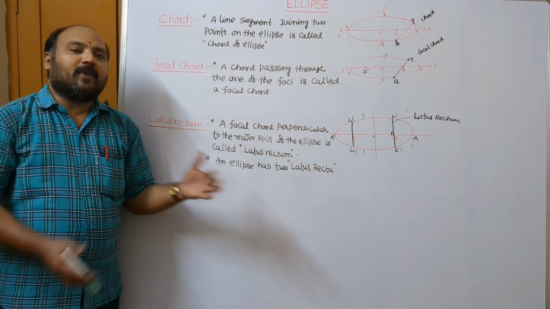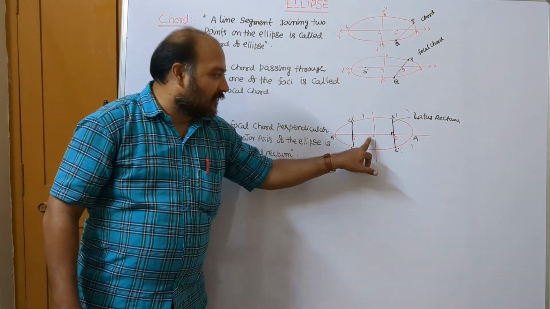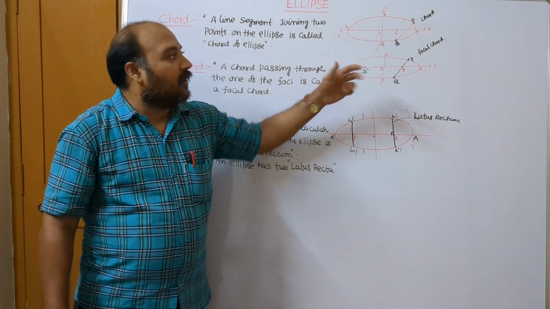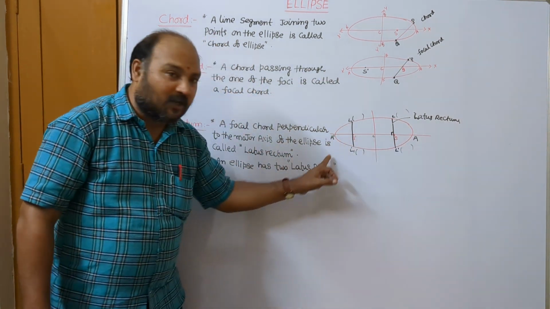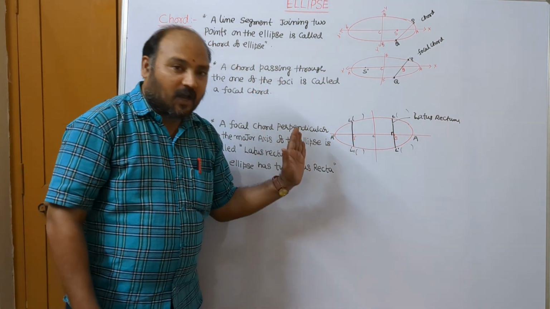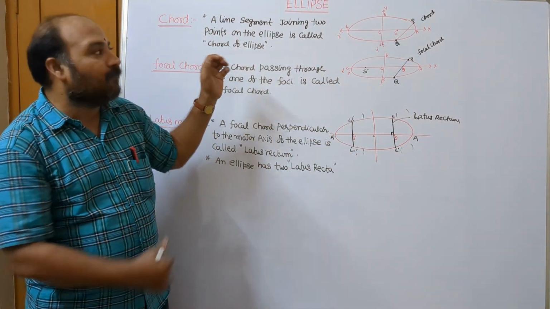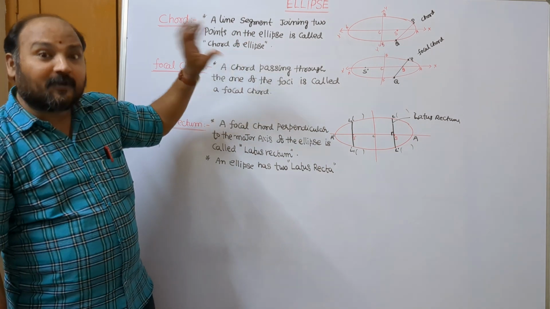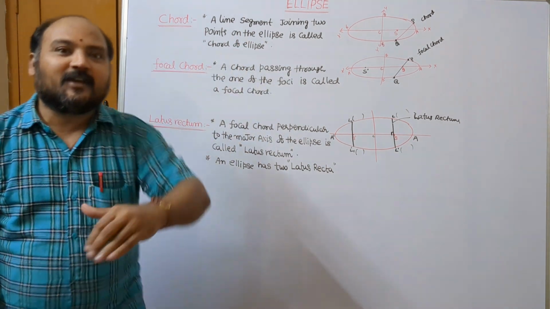Briefly, the terminology of S, S dash, center, and A dash, B dash, the CS value, CS dash value, SS dash value, and the figure also I will draw, and the terminology of ellipse. From the figure I will explain in detail in this video.